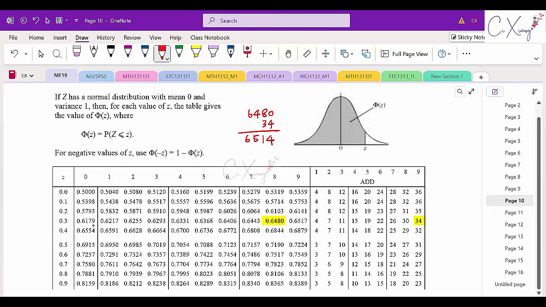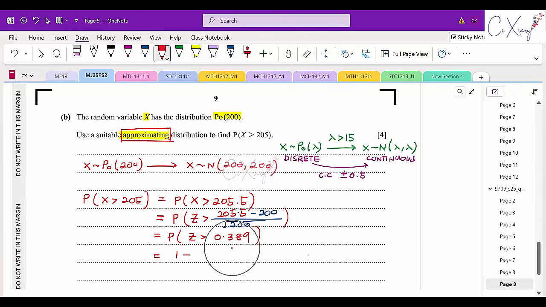But this is the area smaller than 0.389, and we are interested in the value greater than 0.389. So you have to take 1 minus 0.6514 to get the final area that we want. We get 0.3486, but of course, I will correct it to 3 significant figures, where it becomes 0.349.